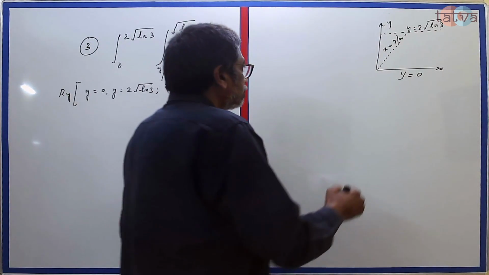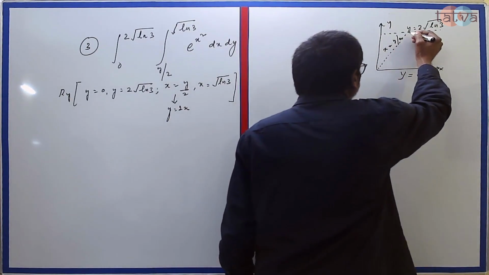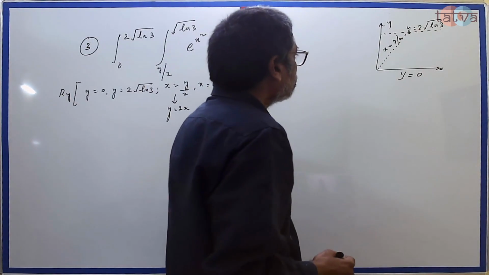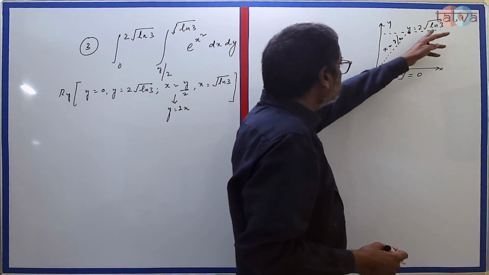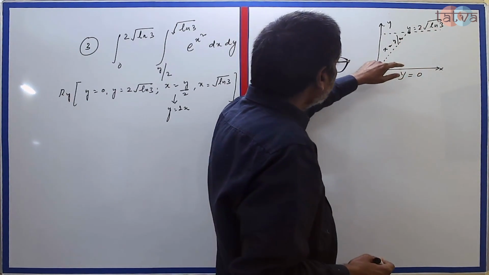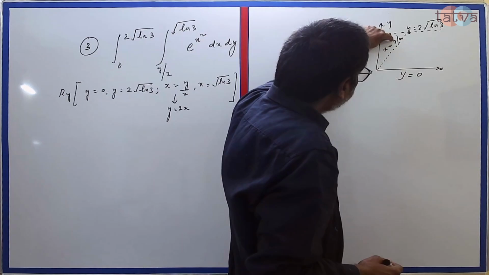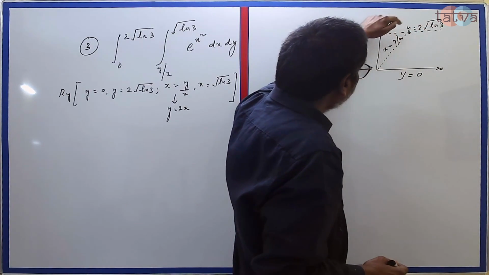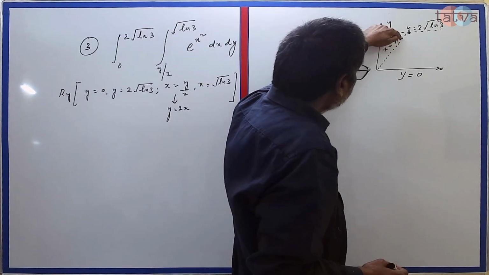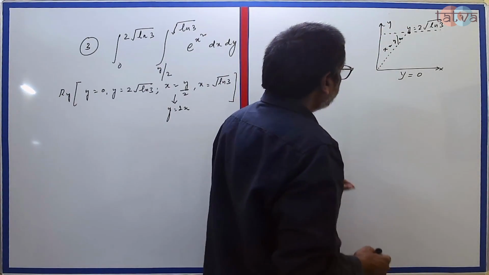And then the immediate thing you have to do is find the point of intersection. So you have to solve these two equations to get that point. That looks very simple. You replace the y here with 2 square root of log 3. 2 square root of log 3 divided by 2 will give you x is equal to square root of log 3.